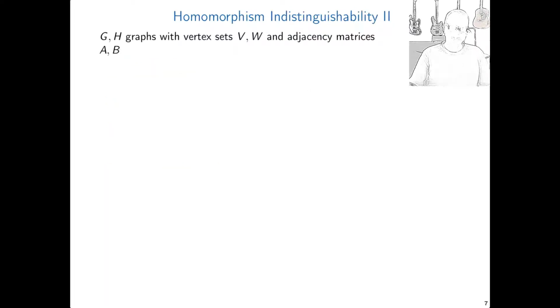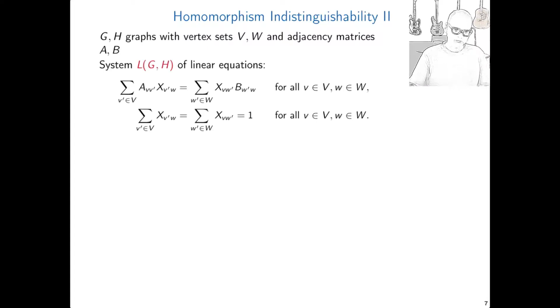So the next results I want to mention are of a more algebraic nature. Let's again say we have 2 graphs G and H with vertex sets V and W, and let A and B be their adjacency matrices. Then we can put up a system of linear equations in variables x_vw, for v in V, w in W. You can also think of these as being a matrix.